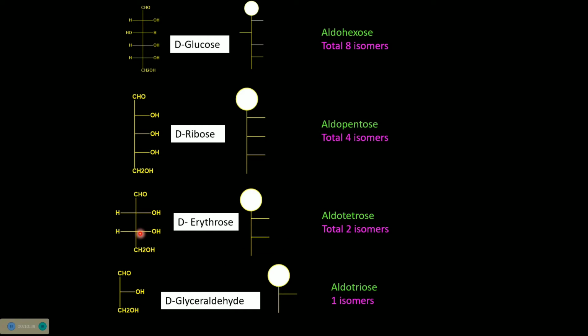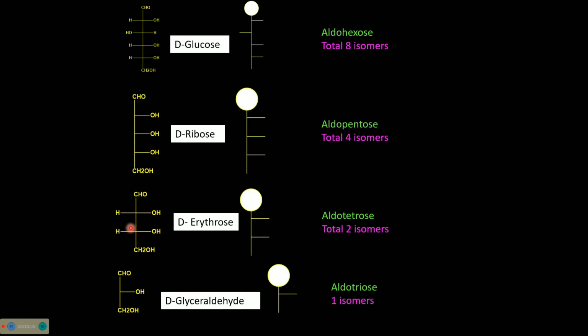So this is D and this may be D or L, so DD and DL may be possible. There is no option for L at this carbon, so only D is possible, one isomer.